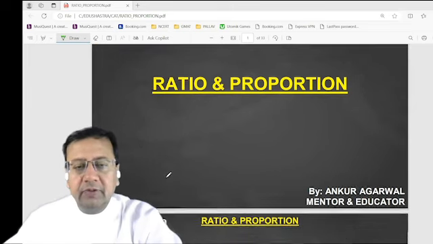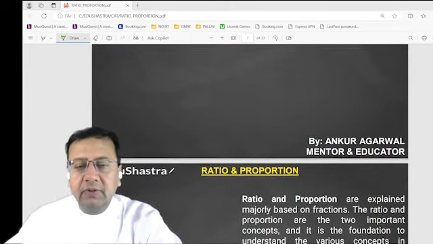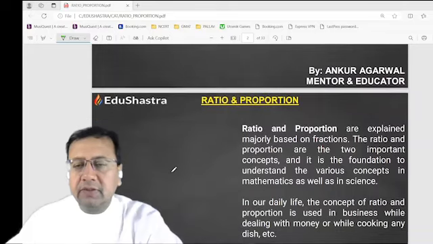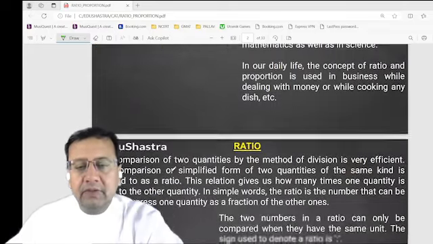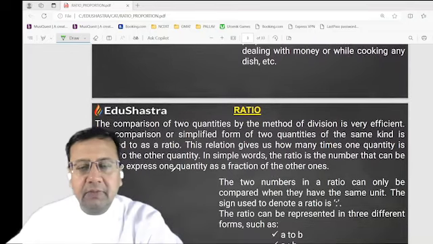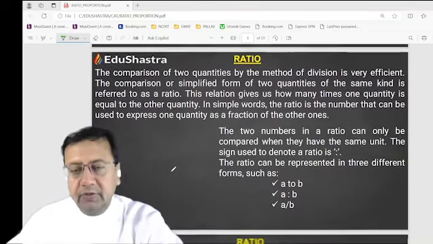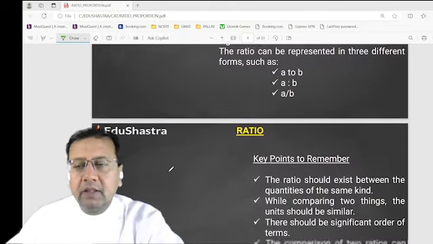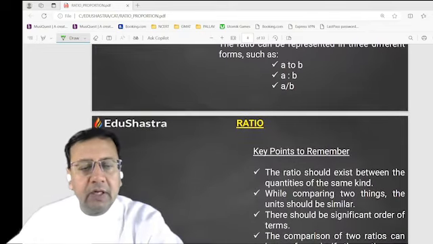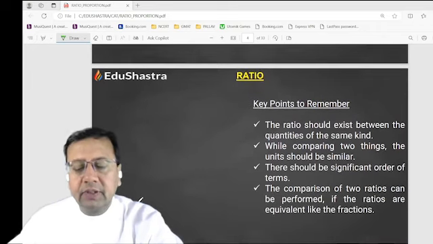So now moving further, I just scroll down this. So this is the ratio and proportion, right? And then the definition, comparison among the numbers. So maybe 2, 3, 4, 5, whatever can be the count. Then there are some points which are there in the ratios, right?